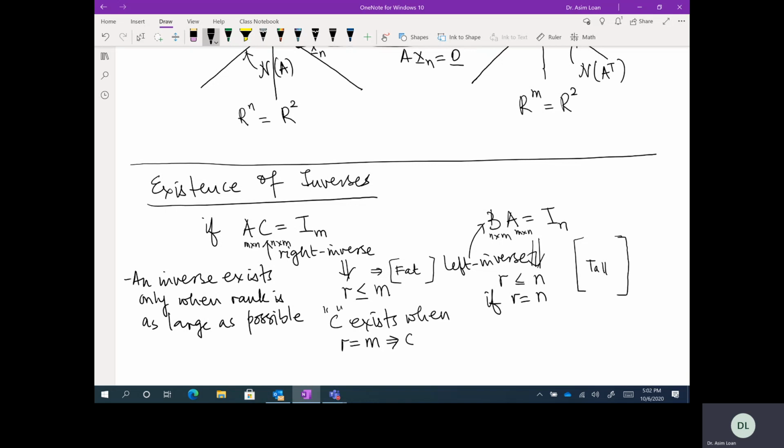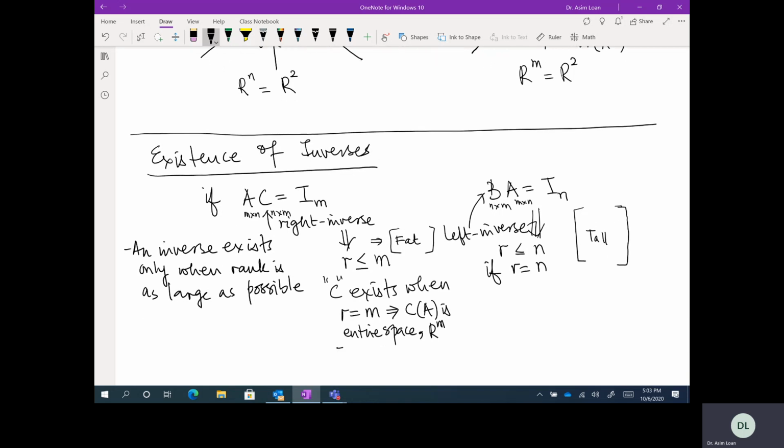This implies the column space of A is the entire space R^m, so Ax equals b always has a solution.